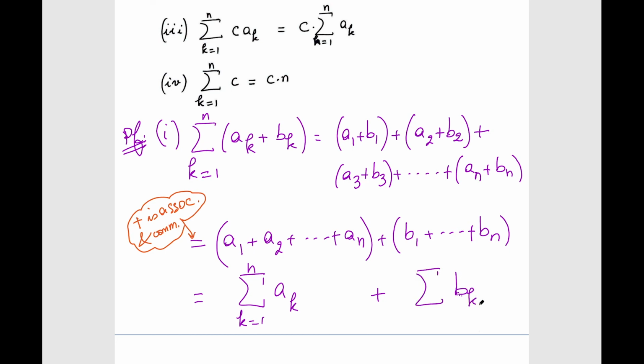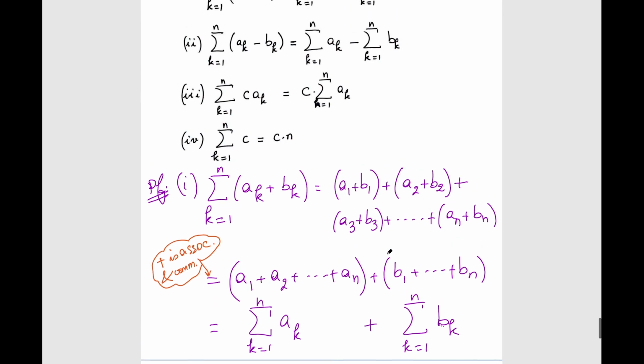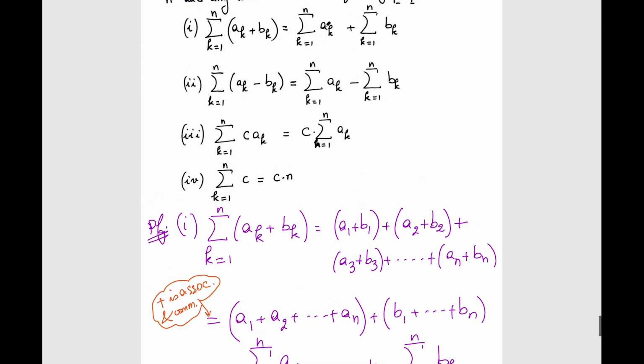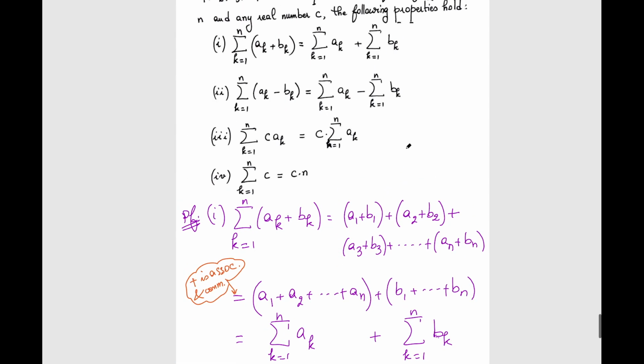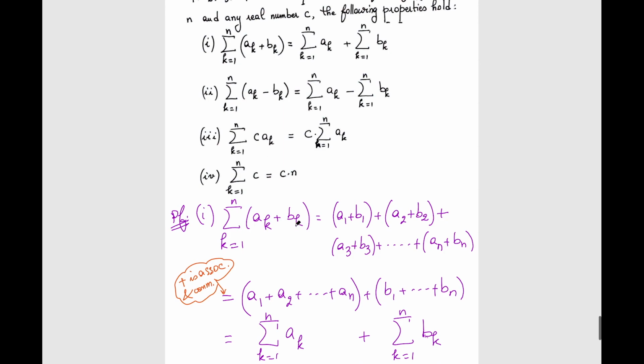So sigma of b_k, k goes from 1 to n. So what did we get? We got exactly what we wanted. We showed that the left side is equal to the right side. The difference is the same, just put minuses here and so on.